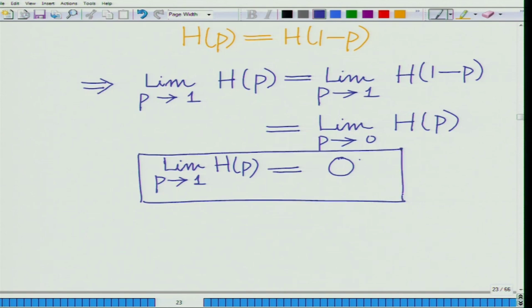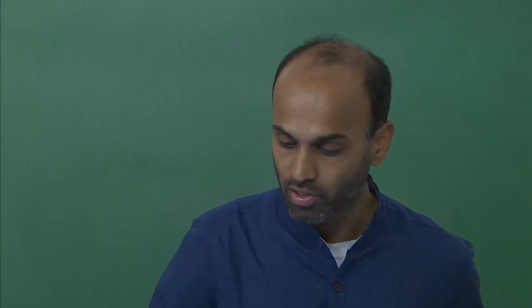So what you see is something very interesting. When either p equal to 0 or p equal to 1, that is, if the probability of 0 is equal to 0 or the probability of 0 is equal to 1. Let us look at these two scenarios.